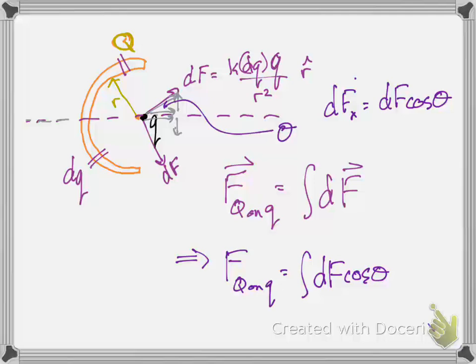We can turn the vector equation into a scalar equation by saying everything's in the plus x direction, so we don't have to worry about directions. I'll fill in k q over r squared, the constants in front, and we've got dq cosine theta.